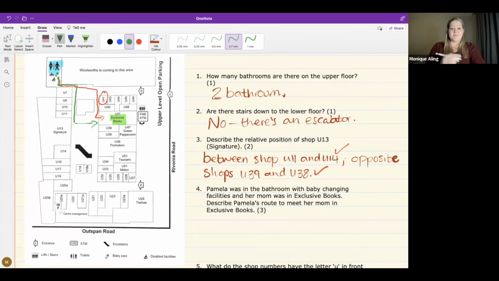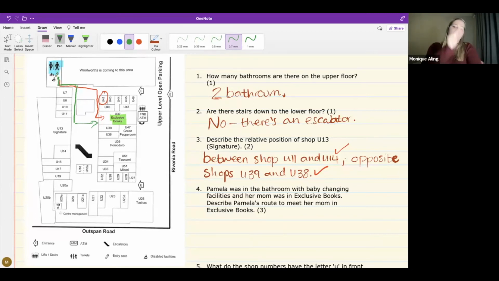Okay, so coming out of the bathroom, you're turning left first. Then you turn right. You mention the shops that you're walking past. So you pass shop 7, 8, 10, 11, and then Exclusive Books will be on your left.